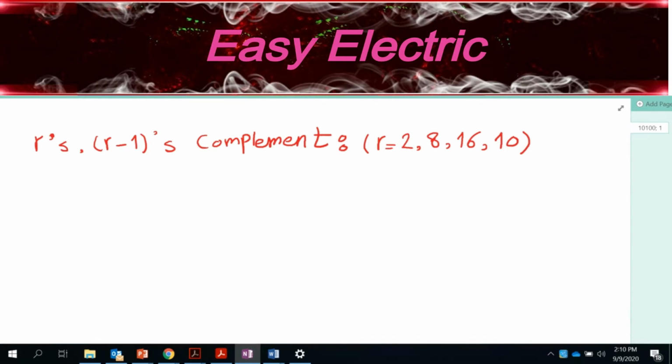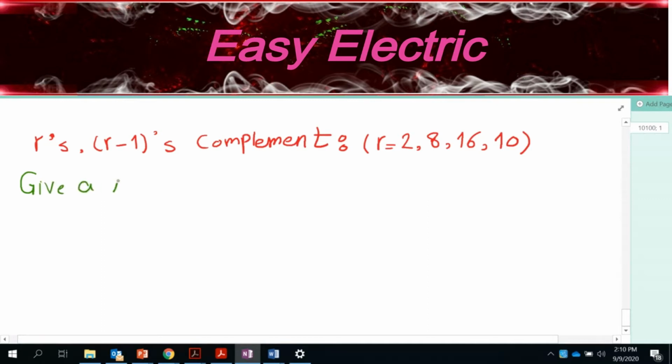So we start with just a simple definition for that. Then we will learn a simpler way to get the R's and R minus 1's complement of any numbers. So here you see the definition, which is in the book. I just write it down here.